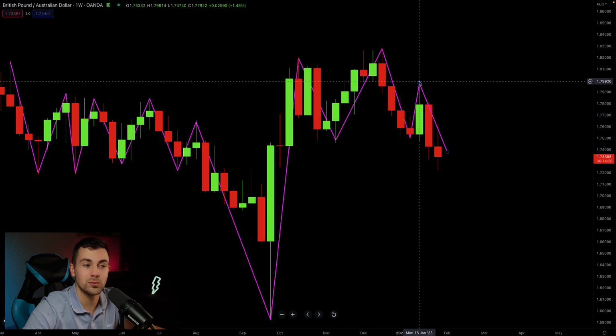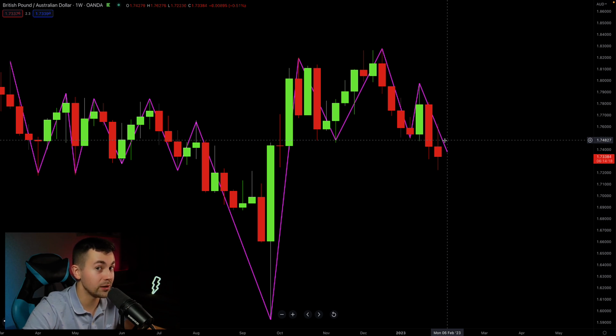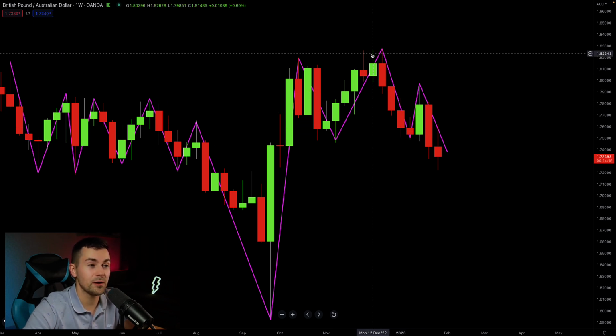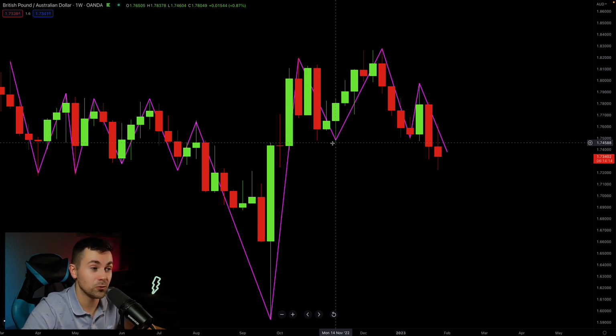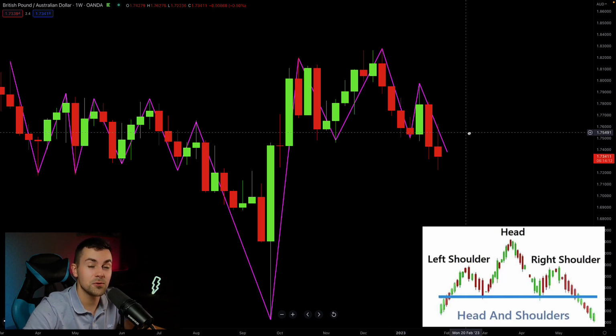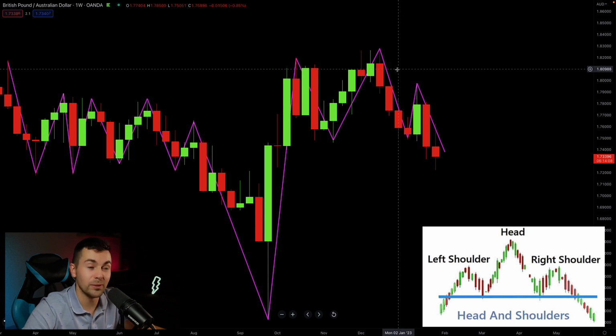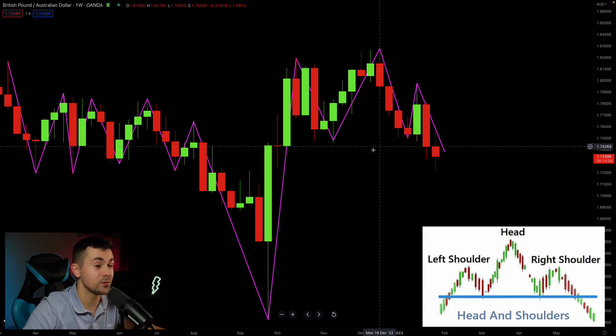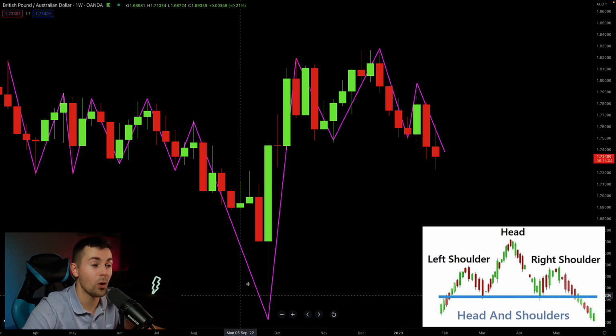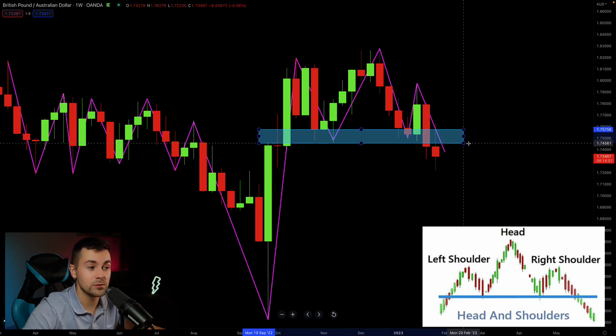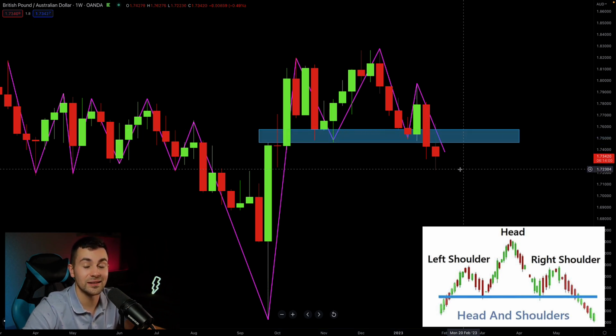We bounced, we set a lower high and we dropped again. Here we have a perfect example of the head and shoulders pattern. And the head and shoulders pattern is a variation of a range. But the head and shoulders pattern by itself is a very bearish pattern. And once it is formed, you should spot its neckline.